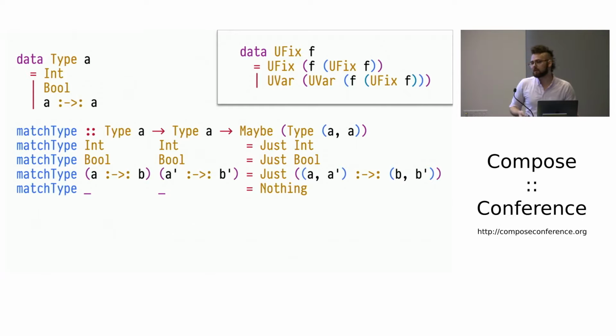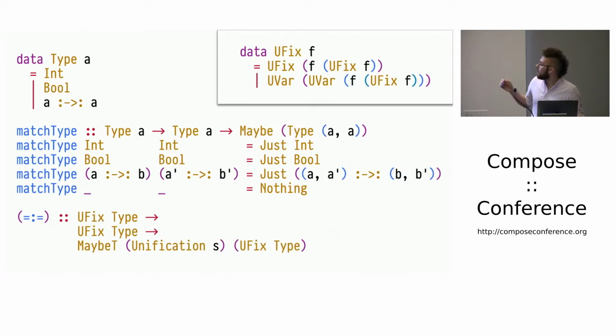But to do this, I need to make type itself, unlike before, a functor, and take its fixed point. So now I have this match type function that says, if I have an integer and an integer, then unifying those two things gives me an integer. And a bool type and a bool type unify to a bool type.